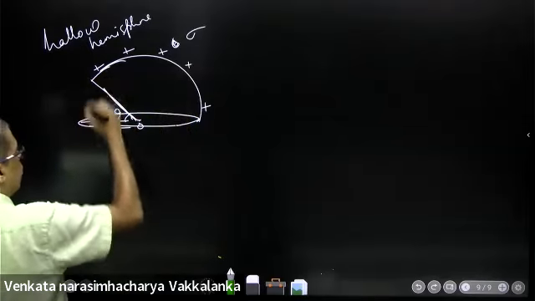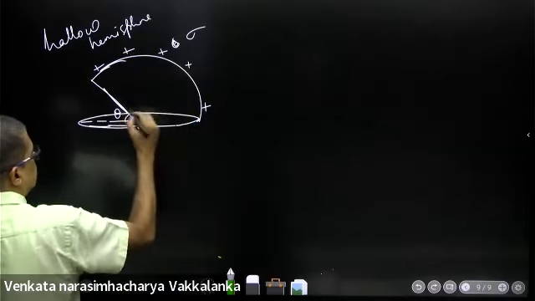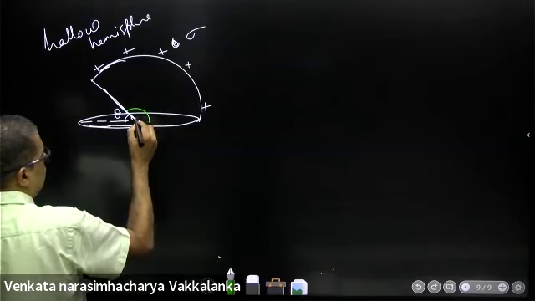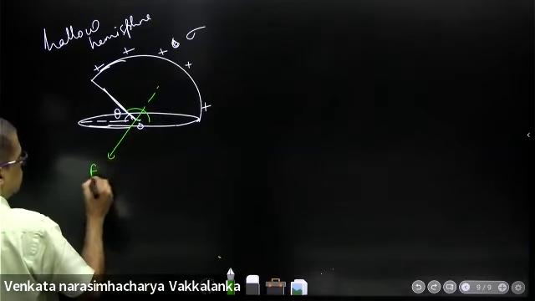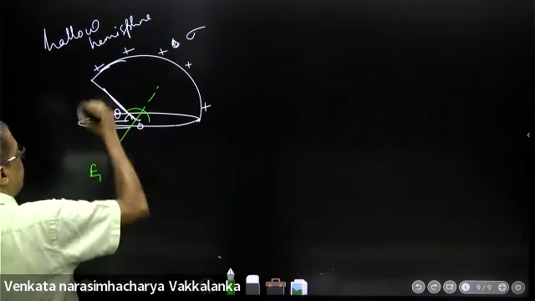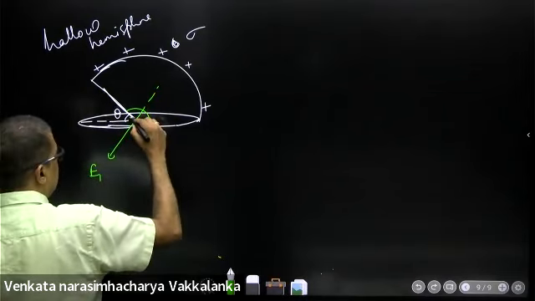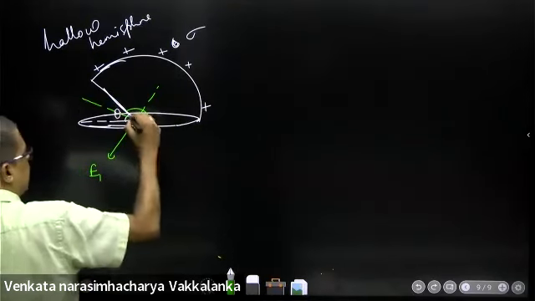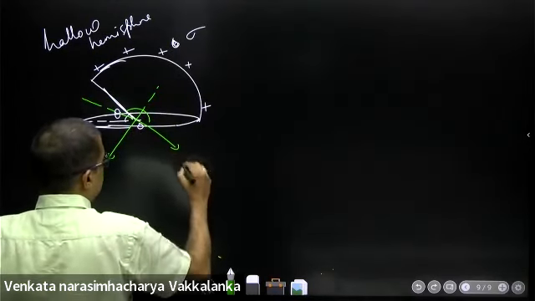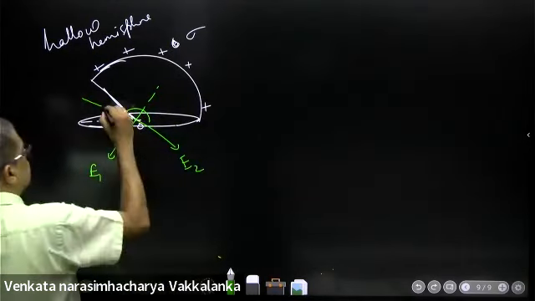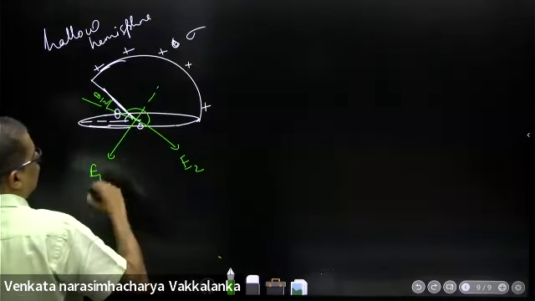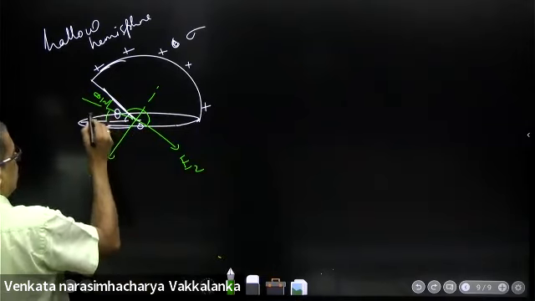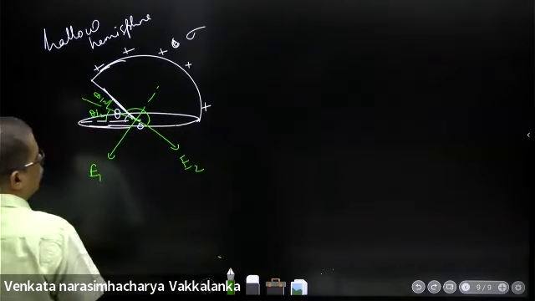Now, because of the removed part, this angle will be pi minus theta. I will call this Z1, the leftover field. Removed field will be along this angle bisector. I will call this Z2. This angle will be theta by 2. Right? This angle will be theta by 2.